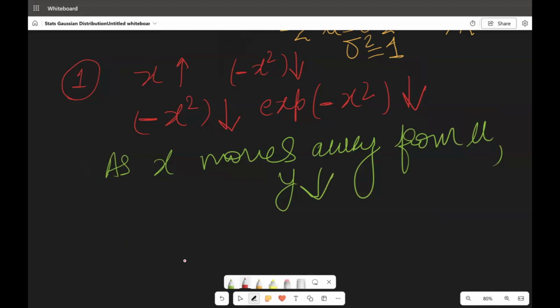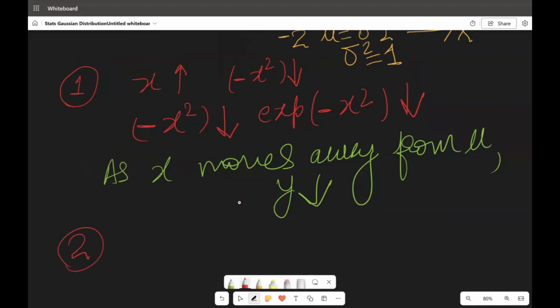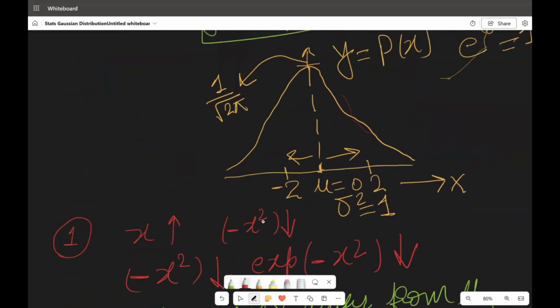Now let's look at the second observation. What is my second observation? As x goes away from 0, even on the negative side, what happens if x is equal to 2 here? It doesn't matter whether x is equal to 2 or x is minus 2, because what we have is minus x square.